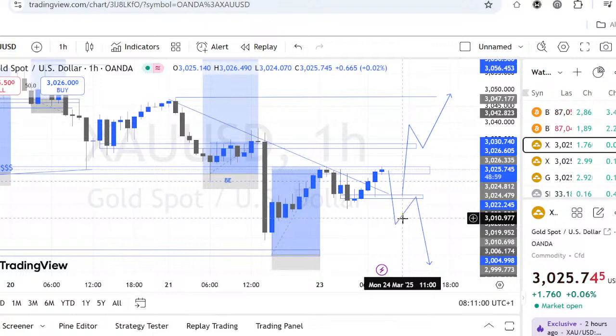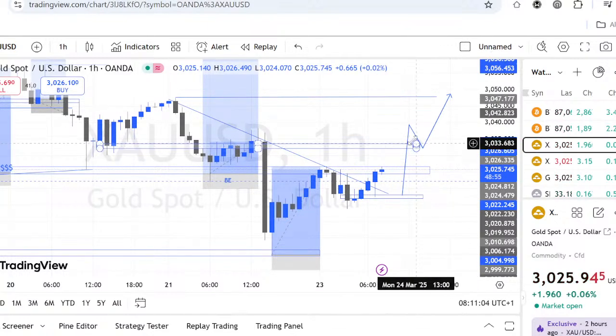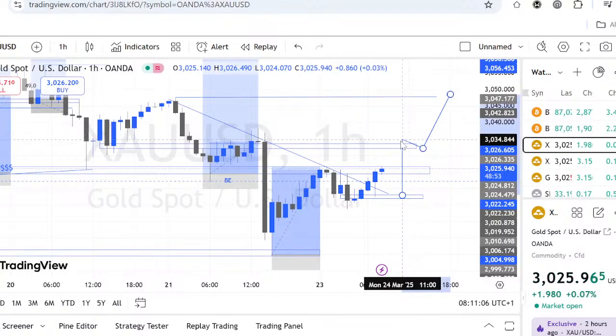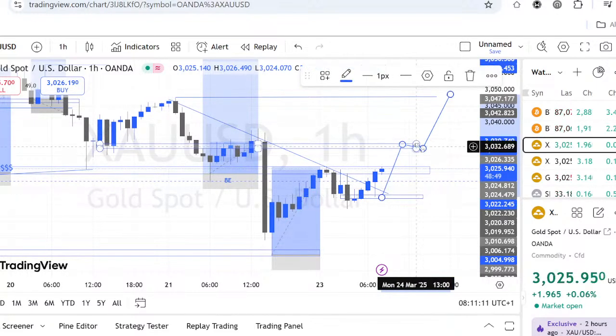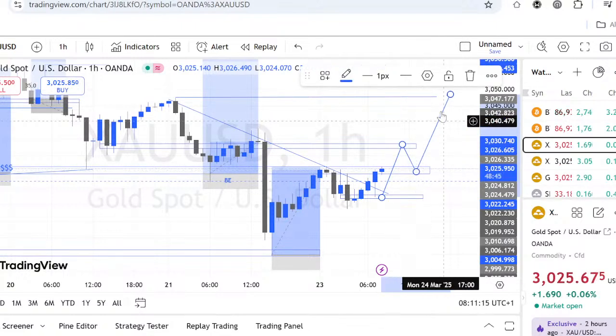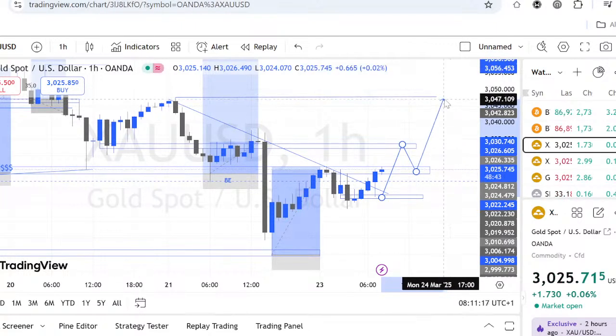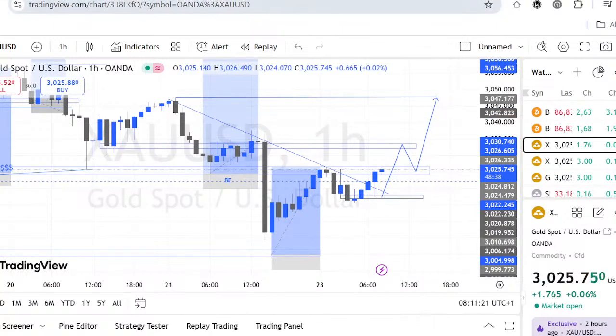So taking out this and coming back to what I said here. Okay, so this is it, and it's a waiting game now. Of course, I'm already in a buy.